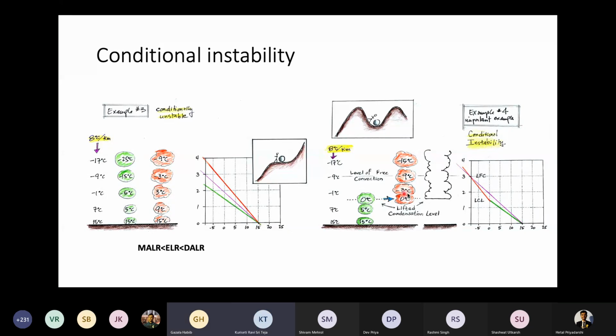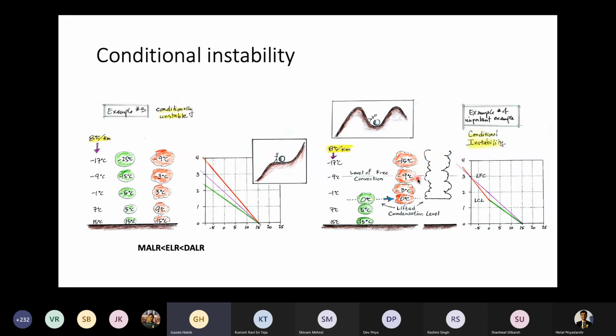So see, -3 is the lower temperature. Therefore, it should sink, right? Because it has some moisture, the moisture will start condensing, and this may lead to the formation of cloud in this particular zone. That may happen. Okay, this is conditional instability.